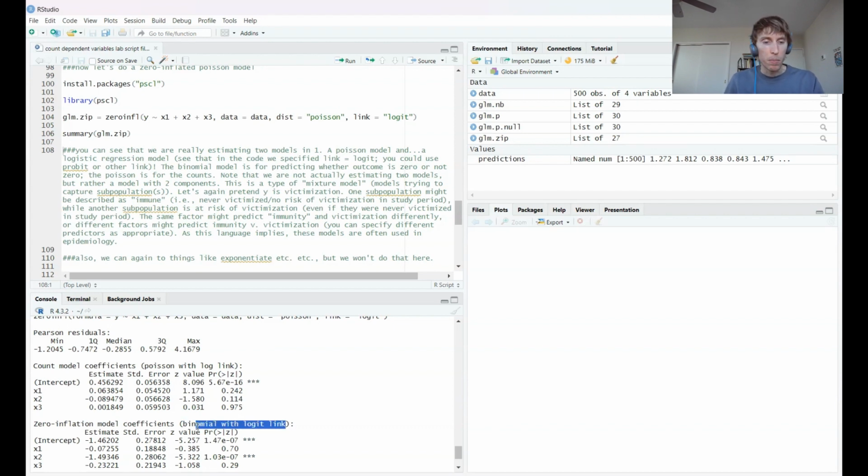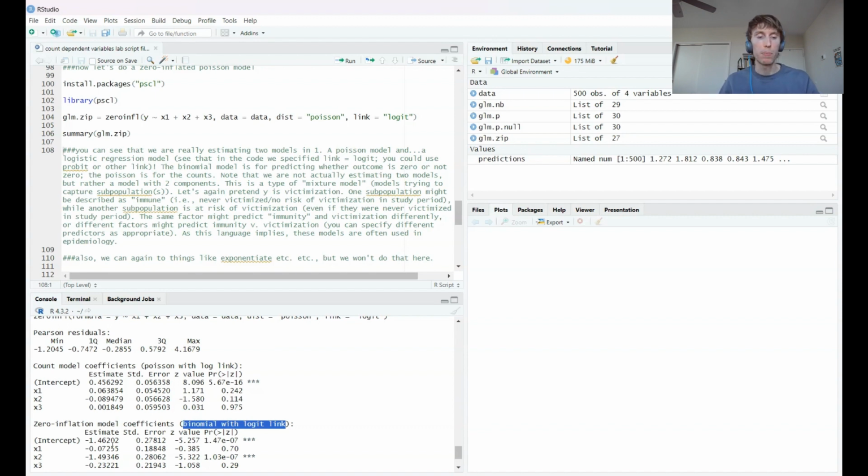And one thing that can be a little bit tricky is how you interpret. Previously, when we did the logistic regression, you have a binary 0 and 1 that you're predicting. Typically, we're interpreting and focusing on how things relate to the probability of taking a value of 1. Where in this case, we're kind of flipping that on its head. And the results here are going to be relating to the odds that the value is 0.